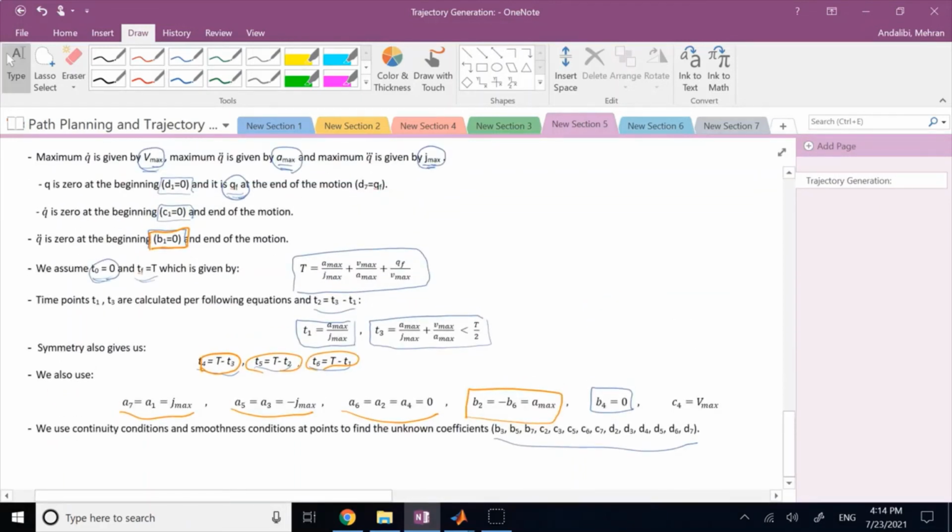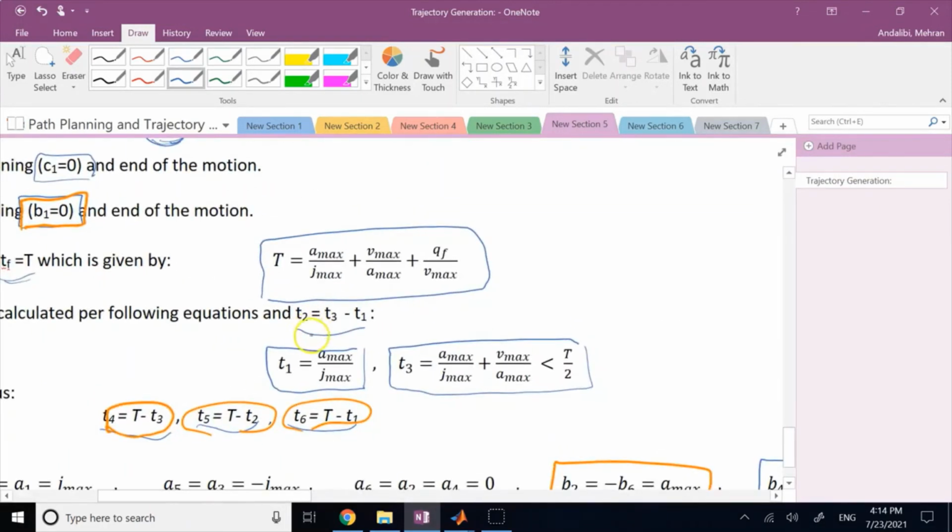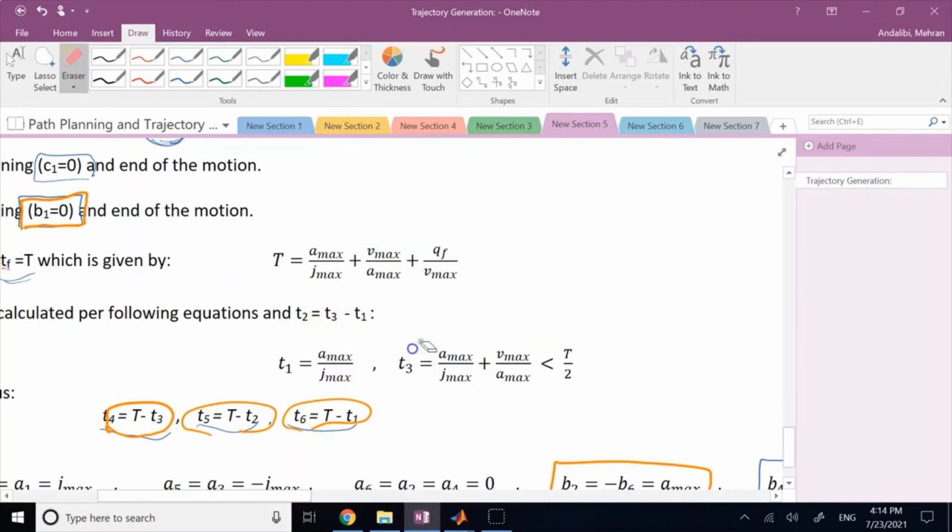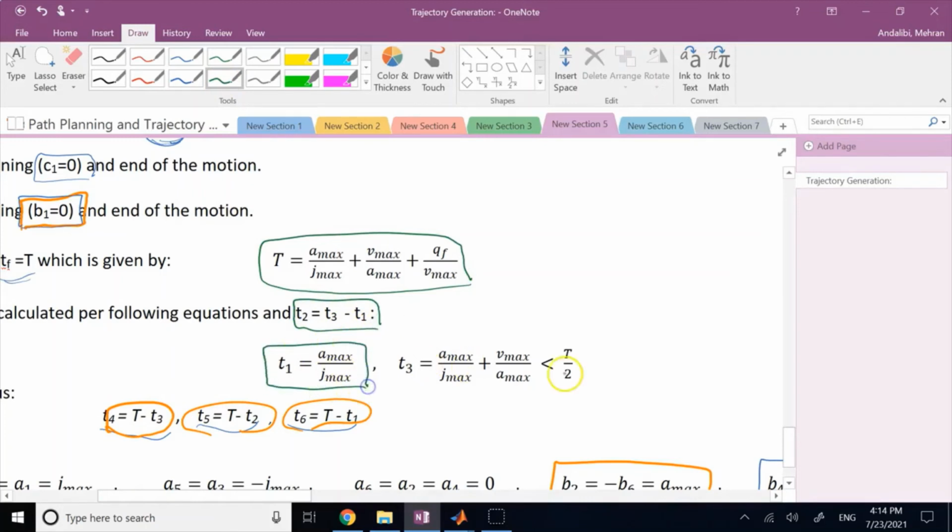If you take a look, I have 4 formulas for you for capital T, T1, T2, and T3, which you can see here, these 4 guys in blue. These 4 formulas come from those 4 extra equations that you have. So the fact that I could calculate these formulas, they are from the continuity conditions.